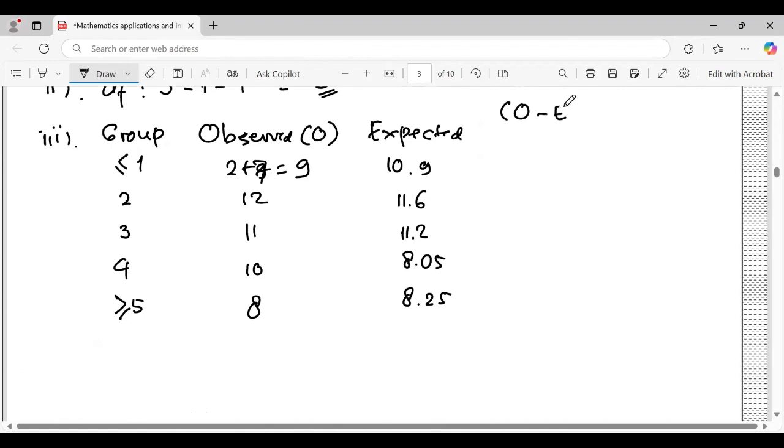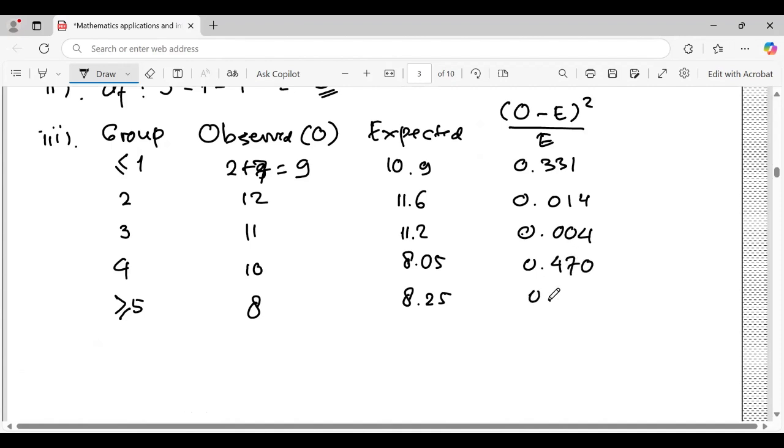And we're going to calculate observed minus expected, squared, over expected. If you calculate 9 and 10.9, the result is 0.331. For this row, it is 0.014. For this row, the result is 0.004. For this row, it's 0.470, and this one is 0.008.